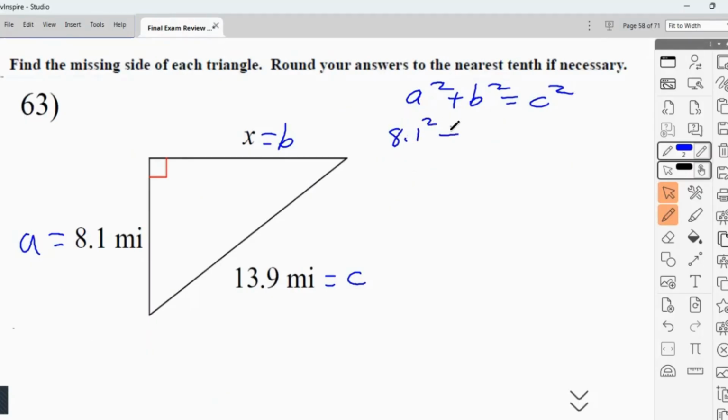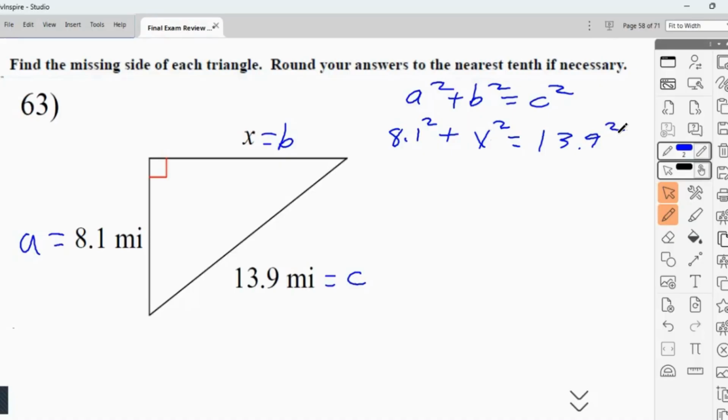So right here, we got this. We're going to get X squared. And here we're going to get 13.9 squared. So in this case, let's see what we're up to. A little bit of calculations here.